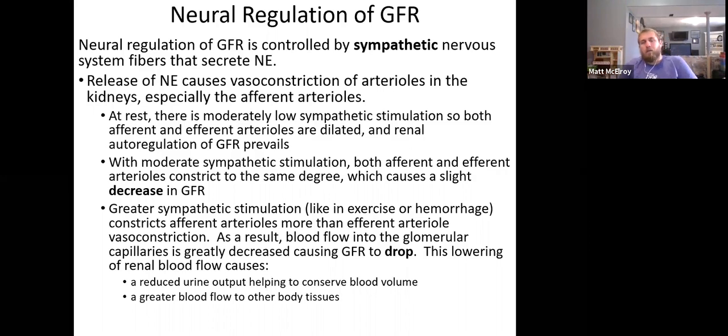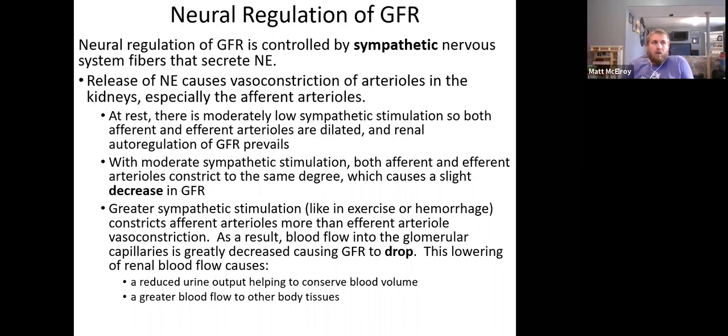Thinking back to the middle part of the semester when we discussed sympathetic and parasympathetic, this should be pretty common sense based on what we know. We know the sympathetic nervous system produces a fight or flight response, and this will trigger the release of norepinephrine that causes vasoconstriction of arterioles in the kidneys, especially the afferent arterioles.